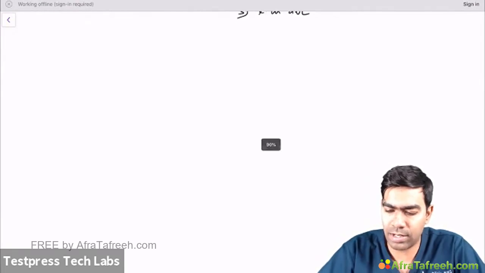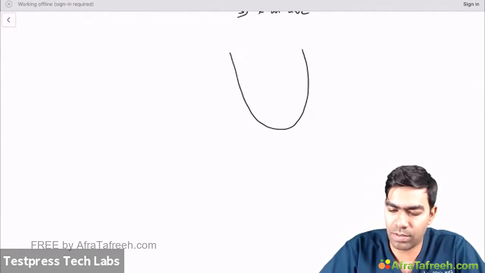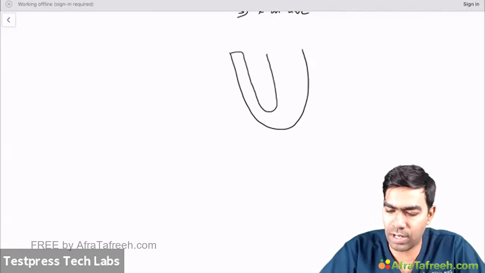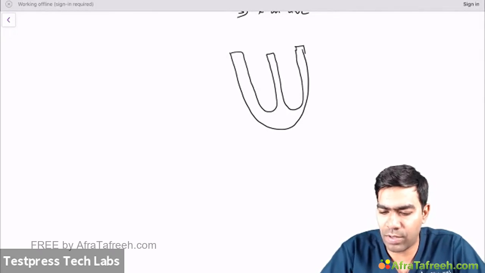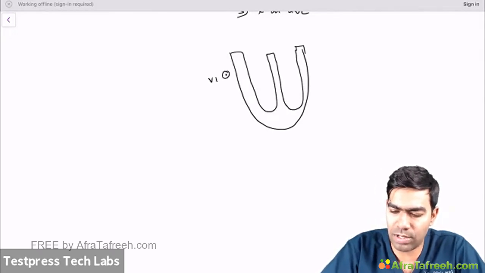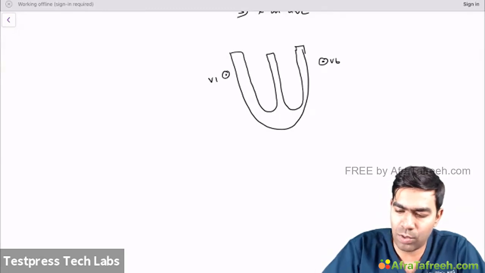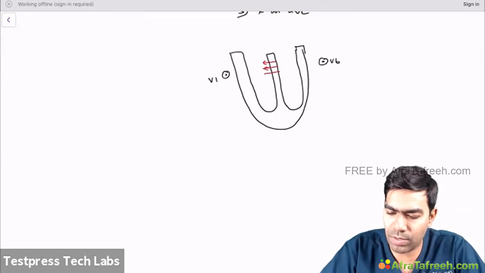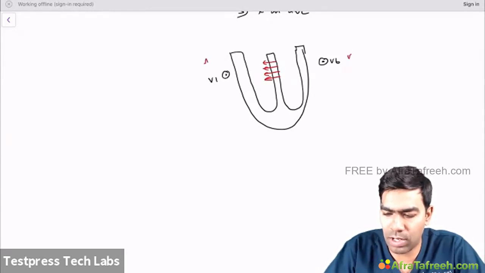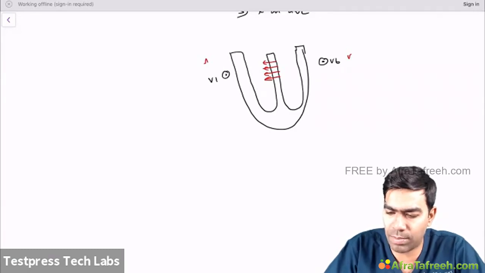So let us take the left ventricular power. To find out the power of the left ventricle, we need to find out the S wave in V1. If you have V1 here and V6 here, of course we know the septum is going to depolarize from left to right. That's not a problem. It's going to produce a small R and a small Q wave here, called septal Q waves.